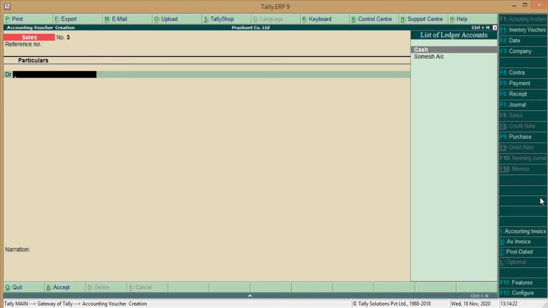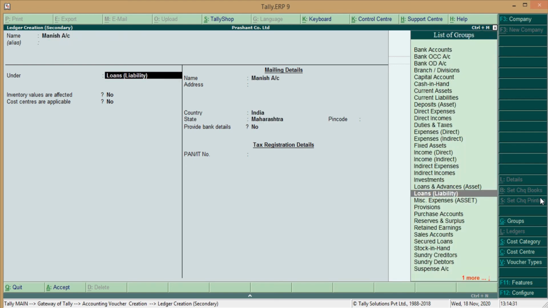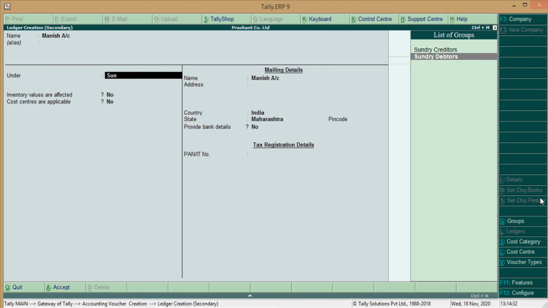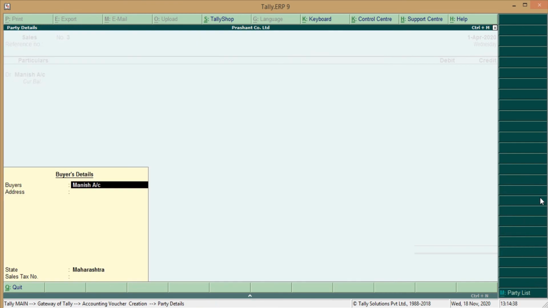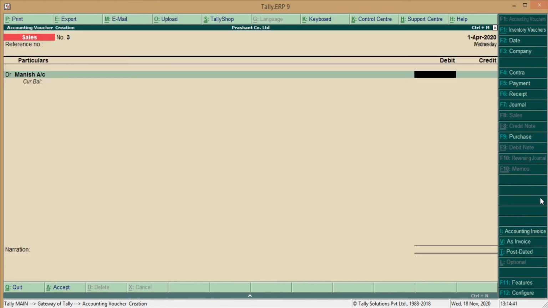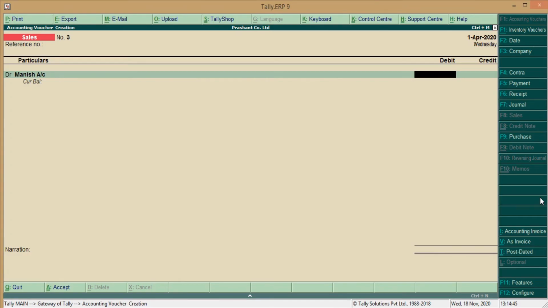We don't have the account, so Alt+C, Manish account, and Manish is a sundry debtor, for rupees 8,000.